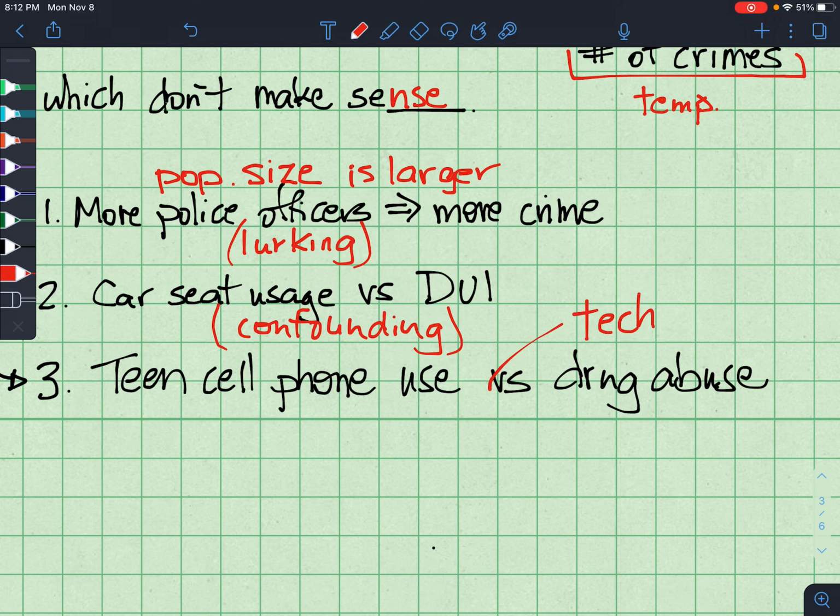So the various technological advances would be a possible explanation here. In the past, we weren't aware of drug abuse that was going on because it was hidden, because it wasn't reported, all those things. And I think now we tend to see that more. But again, it isn't necessarily caused by the cell phone.